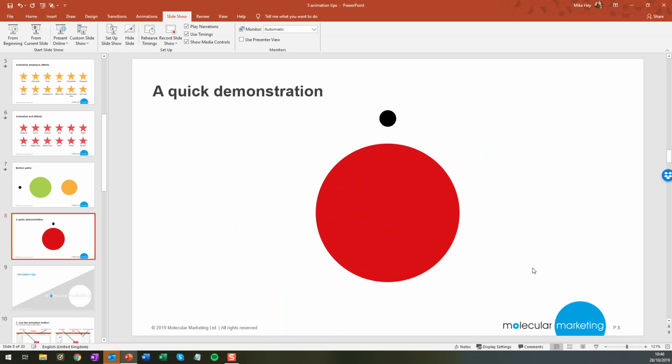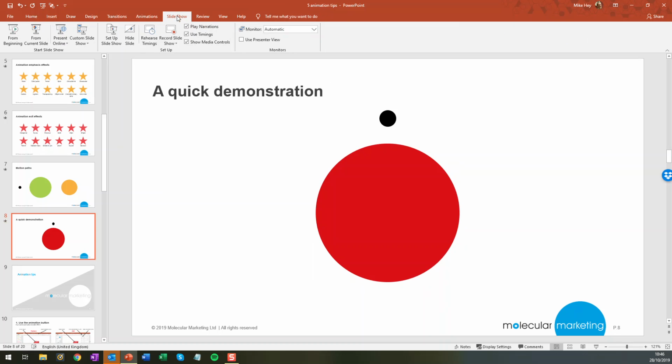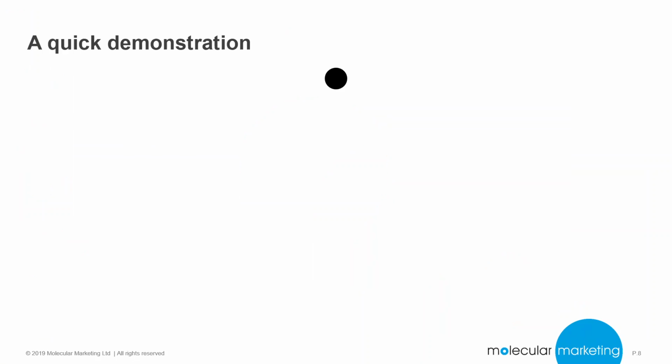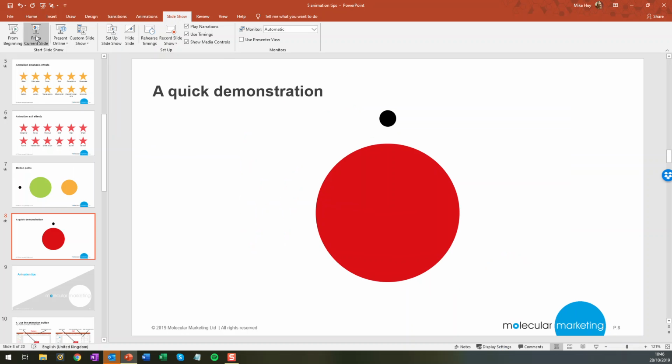Okay, let me demonstrate how to add animation effects in PowerPoint. I'm going to quit out of slideshow mode, and here I have 2 objects. I'll select one of them, then click on animations, and this one I think I'll zoom as an entrance effect. So when I put it on slideshow again from this slide and click the button, the red circle appears.